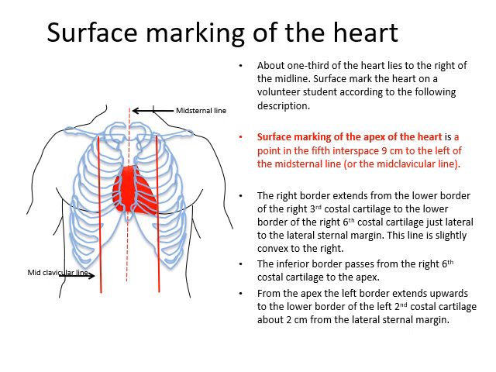That is a few centimeters lateral to the edge of the sternum, the lateral edge of the sternum, and this is slightly convex to the right. From there you get the inferior border, which passes from the right 6th costal cartilage towards the apex on the left side at the fifth intercostal space.